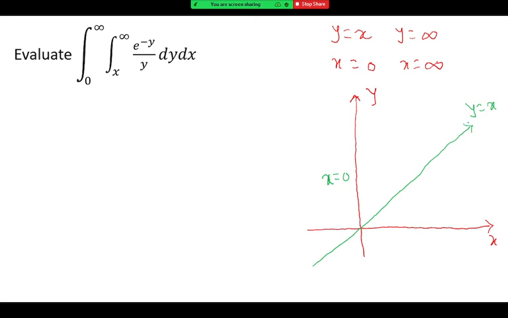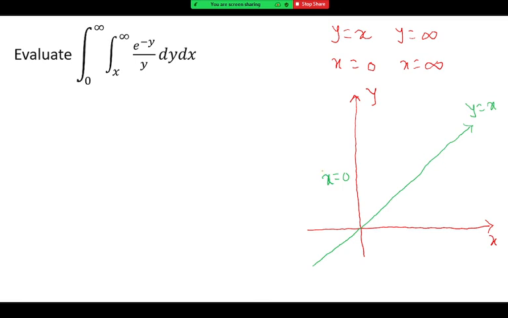Then x is infinity and y is infinity. Now x infinity and y infinity, these straight lines we cannot draw. These are undefined. Infinity is itself undefined. So which sector is the region? Is it this upper or this lower one? Which one is the region of integration? See, x is 0, y equal to x.